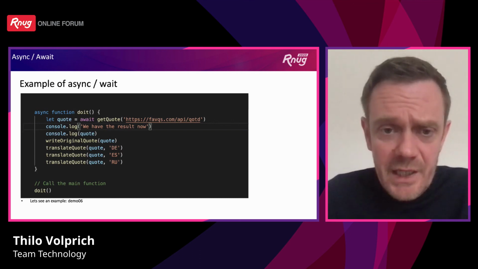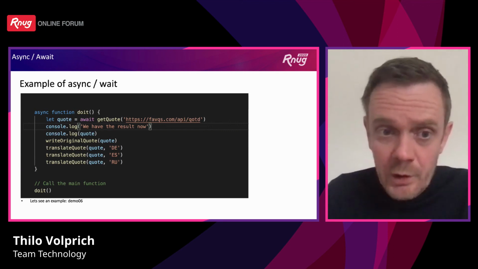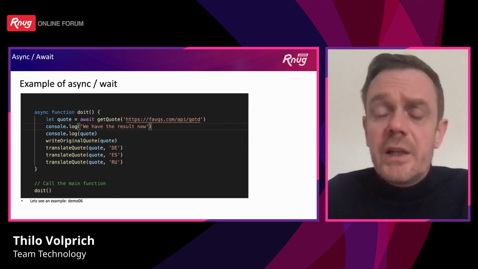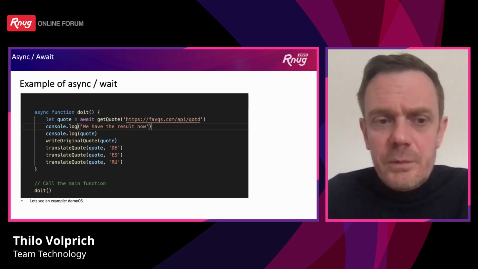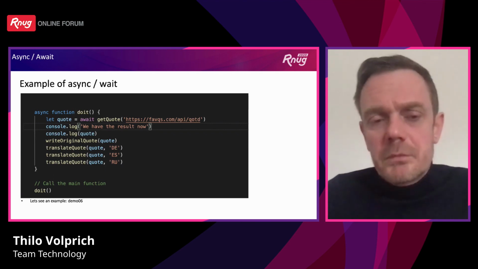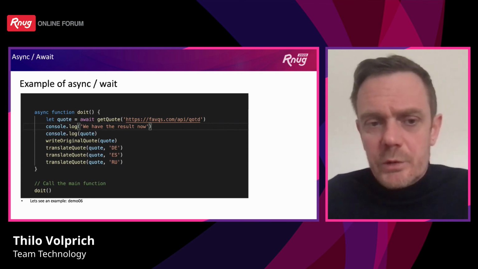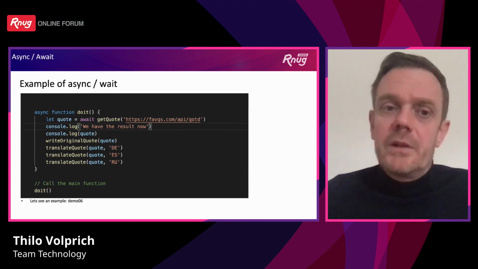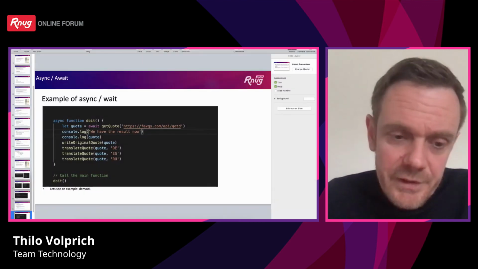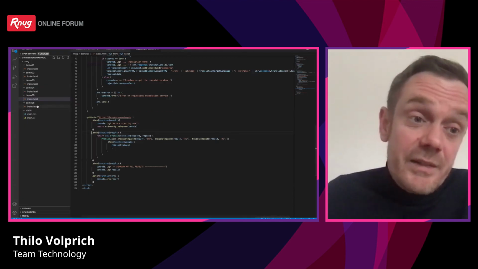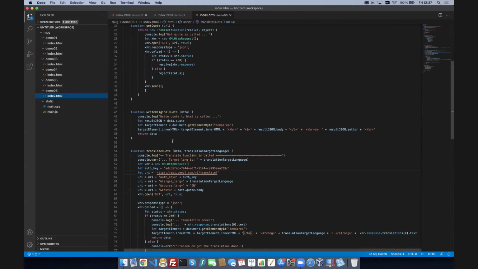So the next line, the console log, is waiting until let quote gets the result. And by doing so, we can call the code one after another. So just to make it clear, it's the same behavior. It's just another syntax for how we call the code.